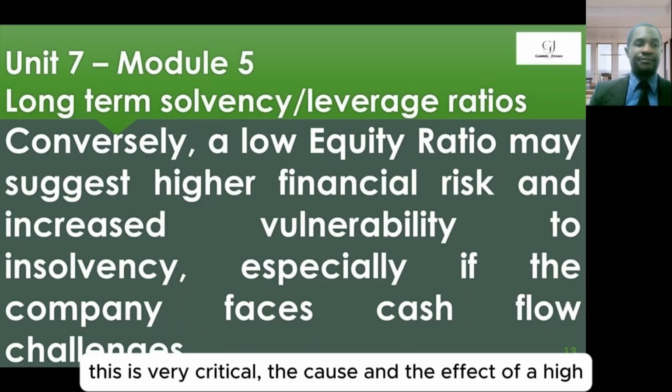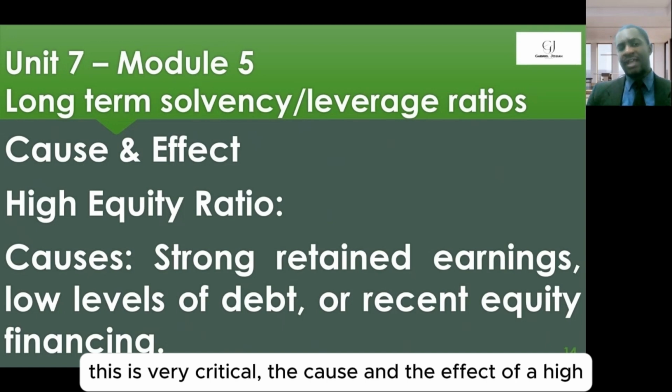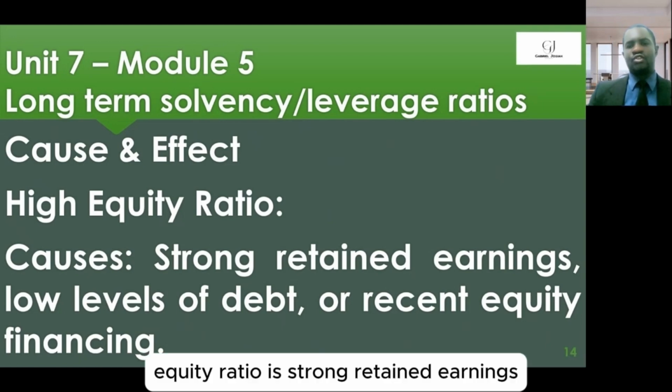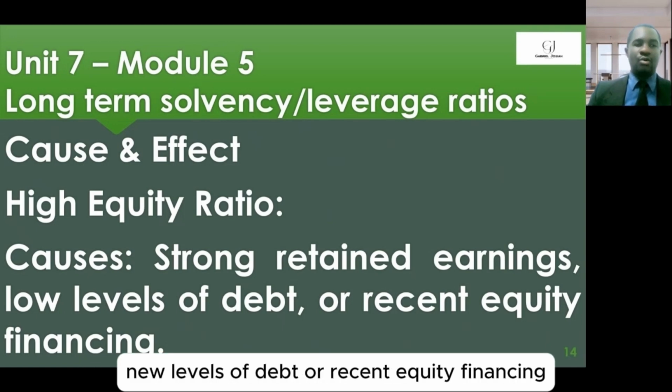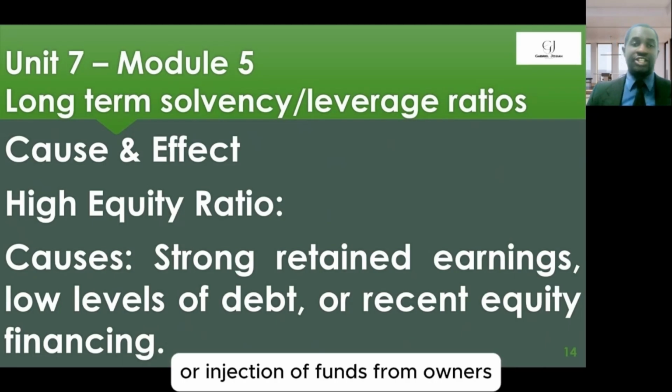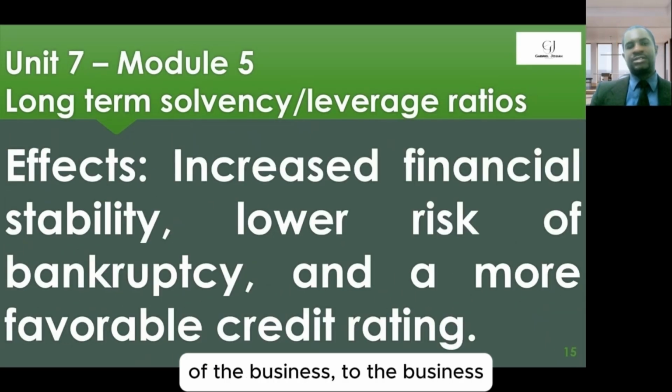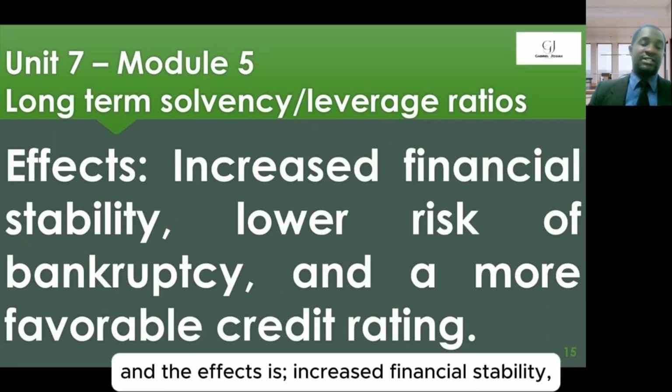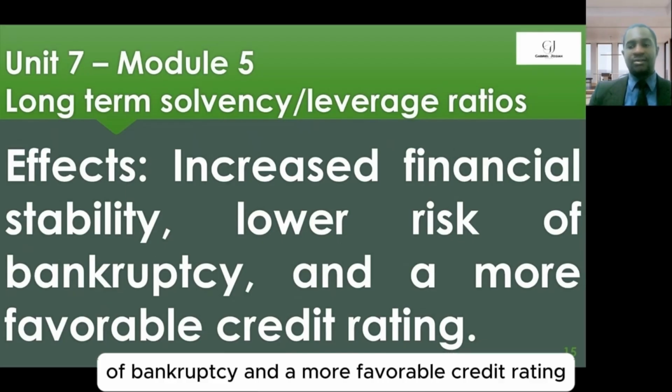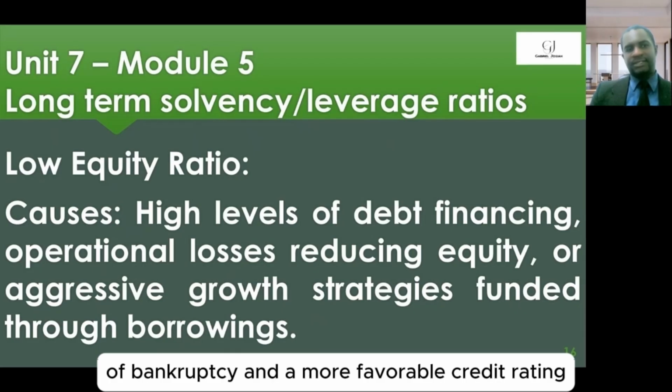This is very critical. The causes of a high equity ratio are strong retained earnings, low levels of debt, or recent equity financing, an injection of funds from owners of the business into the business. And the effect is increased financial stability, lower risk of bankruptcy, and a more favorable credit rating.